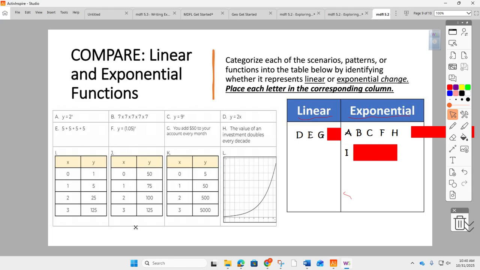How are the y's changing? Adding what? Adding 25 each time. That's linear. K. Got it. Times 10, times 10, times 10, right? And this graph is not a line. It is a curve. So we have learned that would be an exponential function that's increasing. It would have a growth rate of L. And so L is an exponential function.